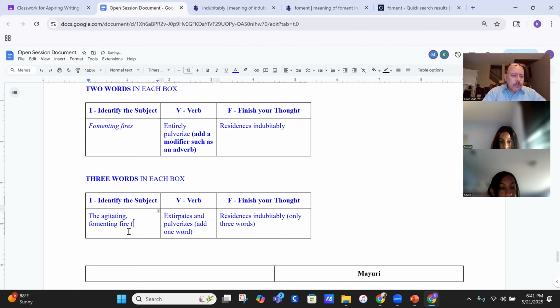It's still four words. The agitating, fomenting fire. How about the fomenting? Oh, I see, because you have fomenting fires. Fomenting angry fires, fomenting raging fires, fomenting red fires. I mean, there's a lot of modifiers you could use.